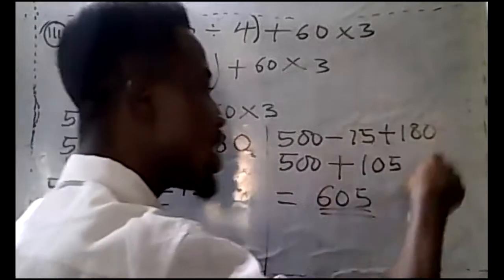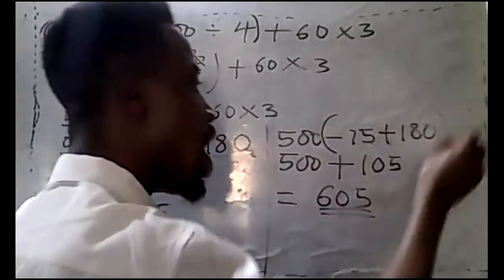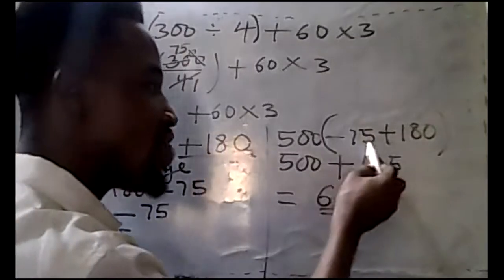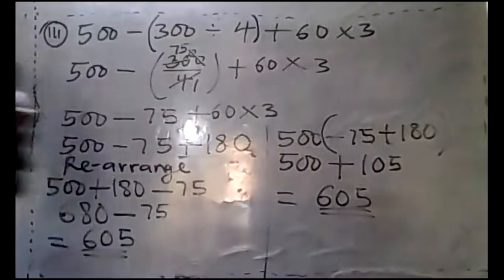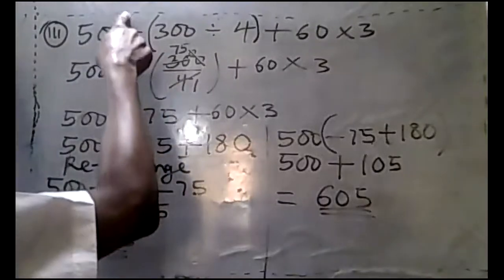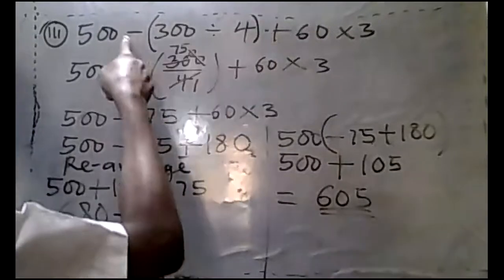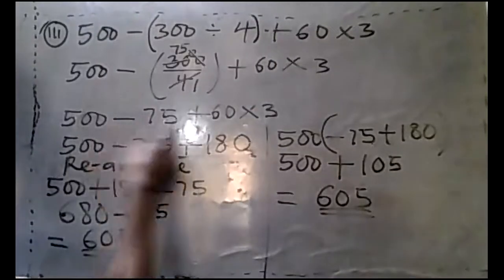What you need to do is bracket it this way, because this one, your minus 75 plus 180, does not follow this. You don't need to bracket this one this way. And you can even do it. If you bracket it this way, you're still going to have minus 75, which is the same here.